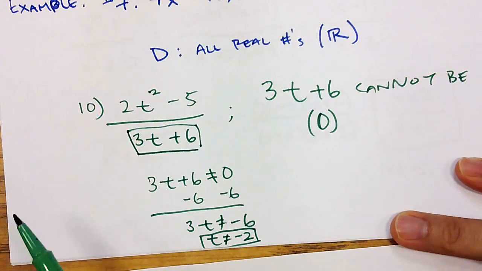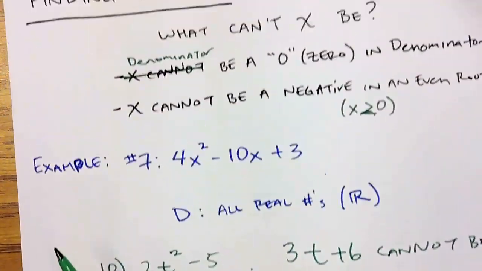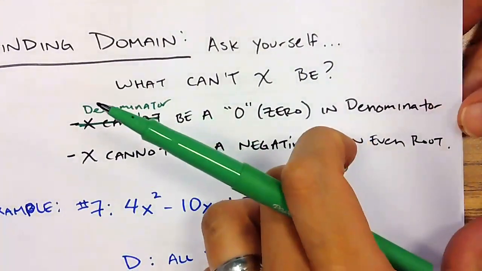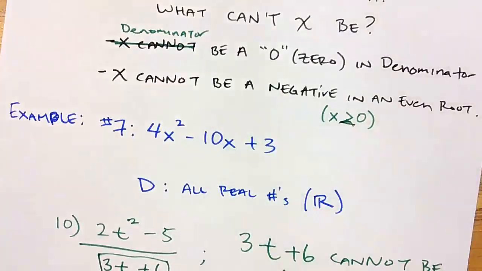All right, so we are going to be asking ourselves that question. Let me put that up here again. The denominator can't be 0, or in an even root, x cannot be a negative number.